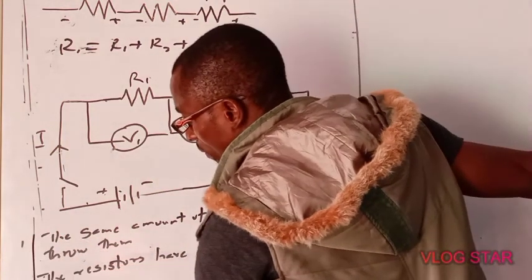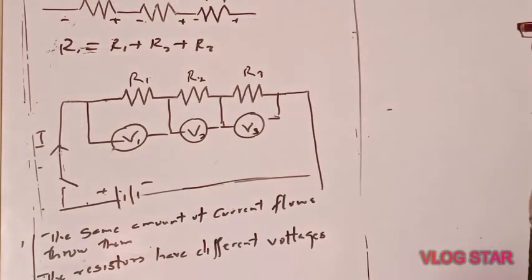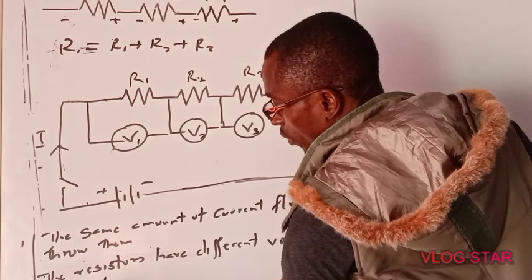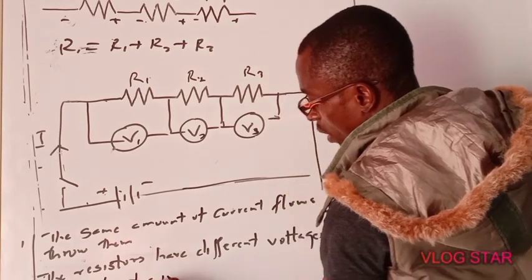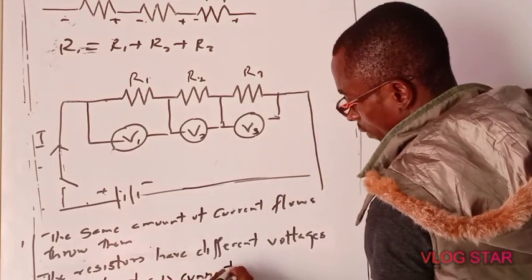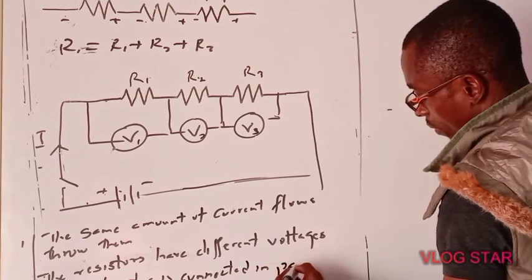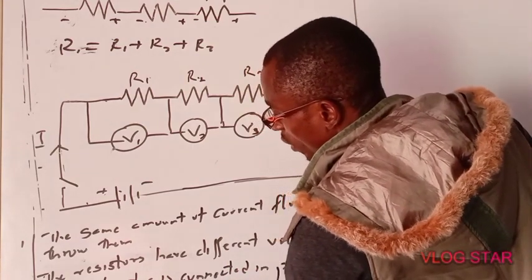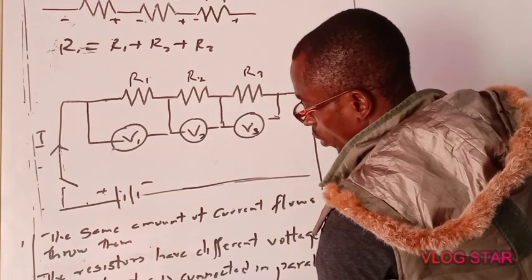And three, the voltmeter is connected in parallel to the resistors.